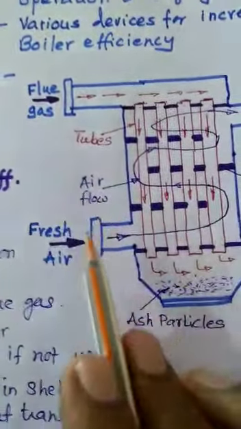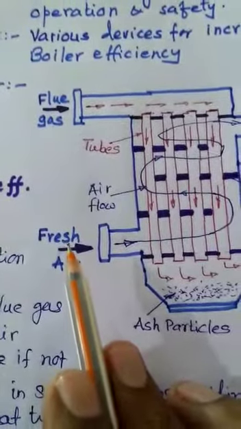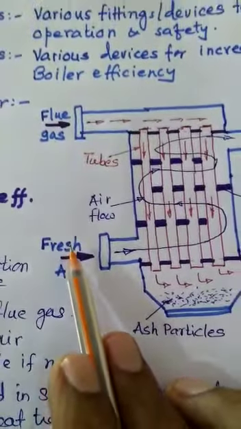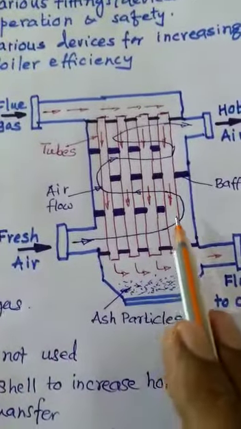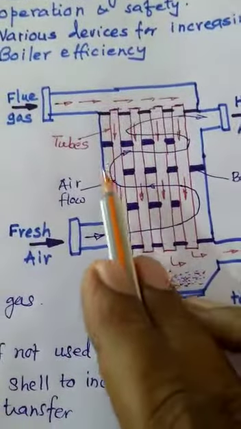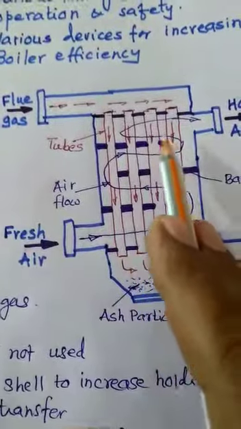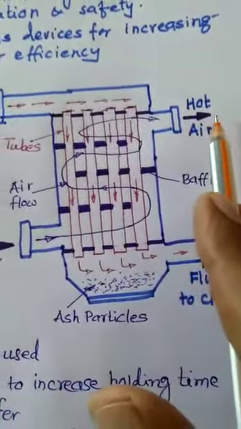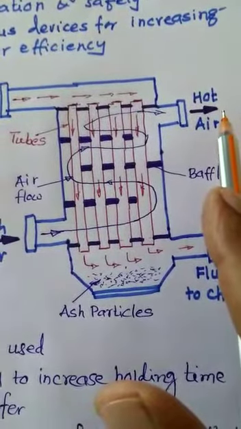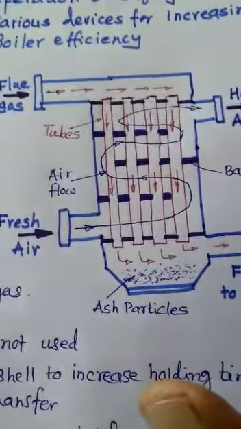Now coming to the air flow, the name is air preheater. The fresh air from the atmosphere is taken in, it flows like this, goes like this, it goes like this, and finally the hot air is the output of our system.